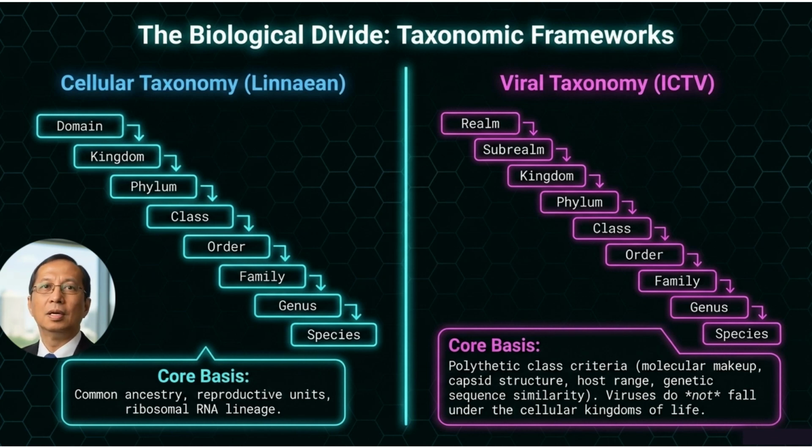Viral taxonomy, governed by the International Committee on Taxonomy of Viruses, or ICTV, also uses a hierarchical system, but its core basis relies on polyphyletic class criteria. These include molecular makeup, capsid structure, host range, and genetic sequence similarity. Crucially, viruses do not fit into the cellular kingdoms, necessitating their own distinct classification system.